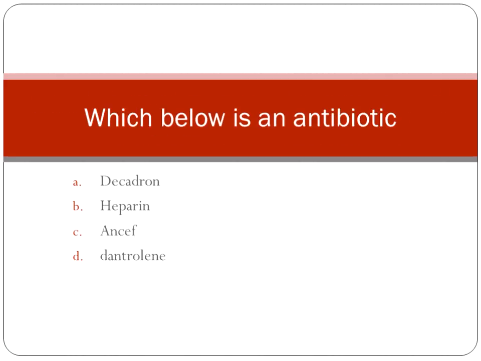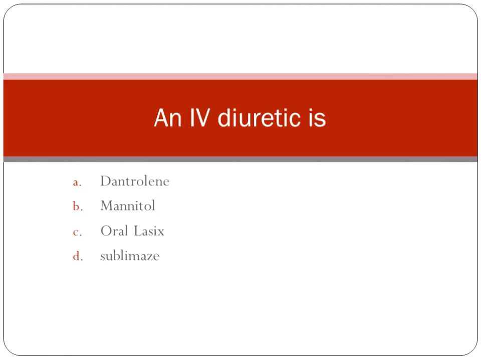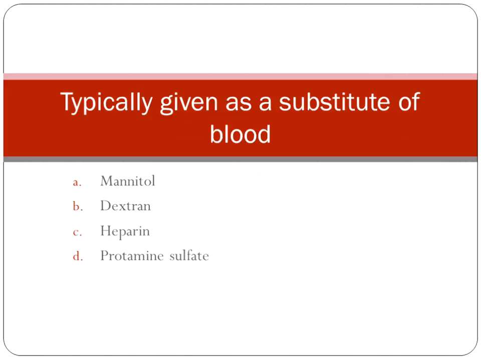Which of the medications in the list below is an antibiotic? Which of the medications below is an IV diuretic? Which of the medications below is typically given as a substitute for blood?